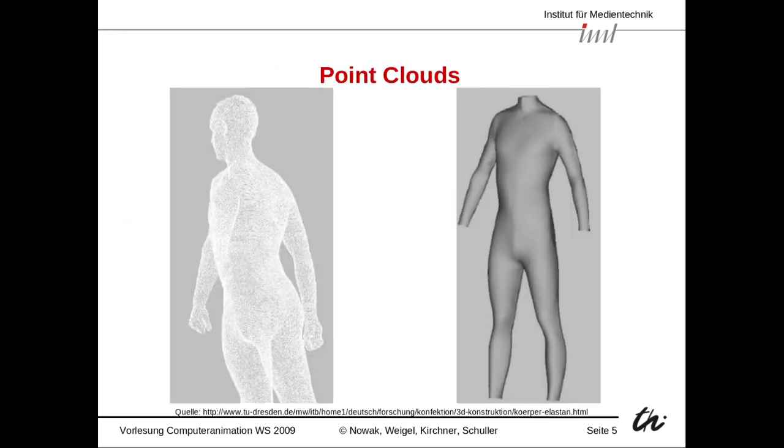So here's an example. Here we have a mannequin, and we scan it with a laser scanner, for instance, and we have this point cloud. So each of those white dots is a point on the surface, and then we can process it and get, for instance, something like on the right side.